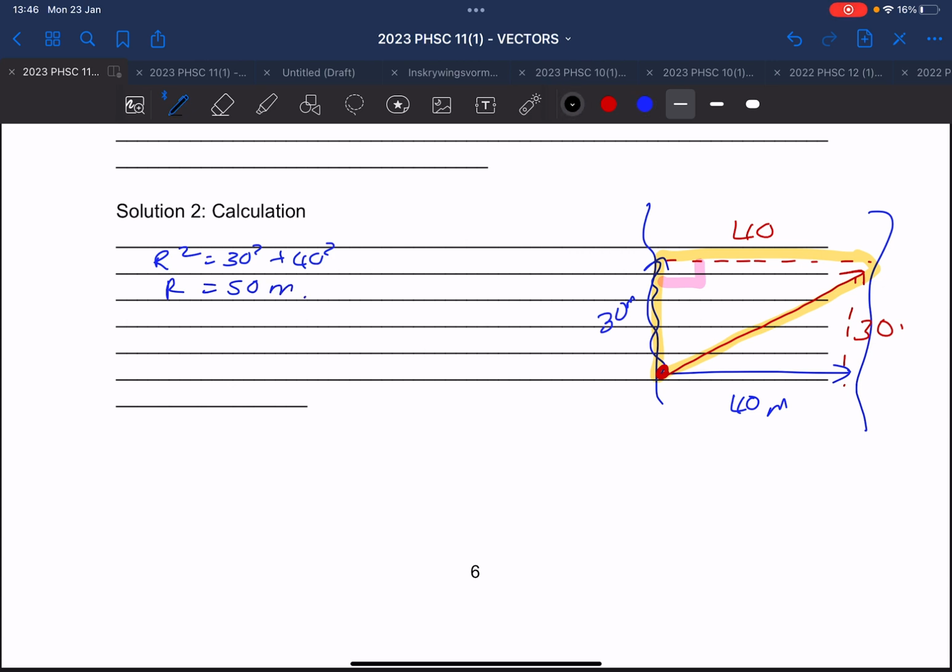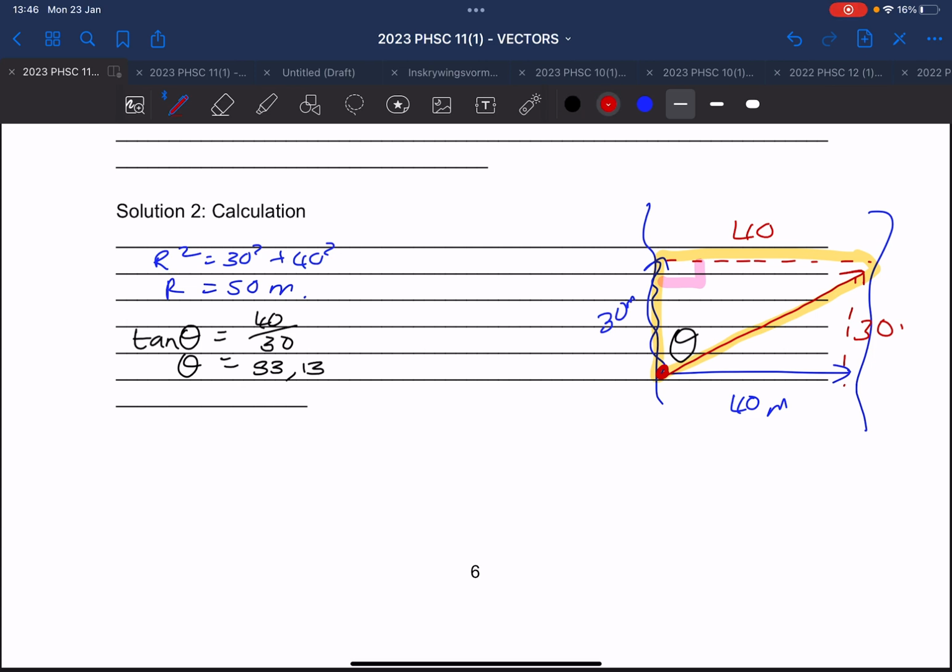Then I want that angle there. So again, I have the opposite and the adjacent, so that is tan. So the tan of theta will be 40 over 30, and you will get theta to be 53.13 degrees. Okay, so now we need to put them together.